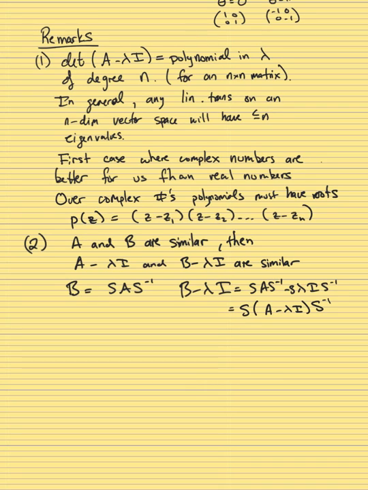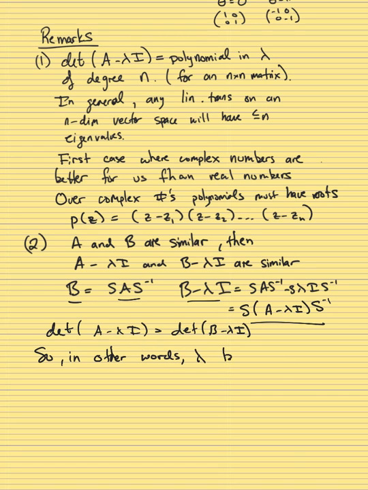Now, if these are similar matrices, what this means is that they have the same determinant. So the determinant of A minus lambda I is equal to the determinant of B minus lambda I. So in other words, lambda being an eigenvalue is a property of the linear transformation, not the matrix, which we noted earlier.